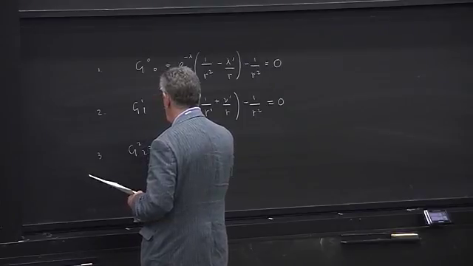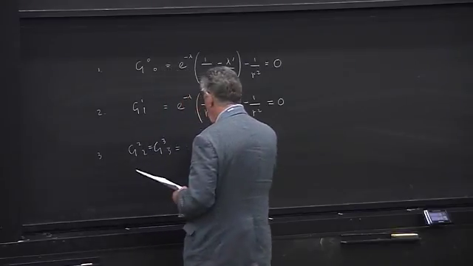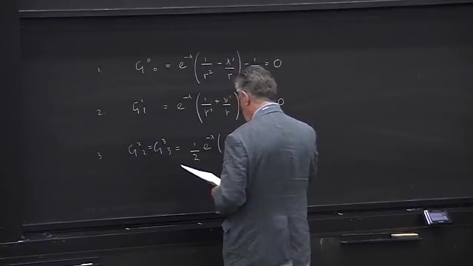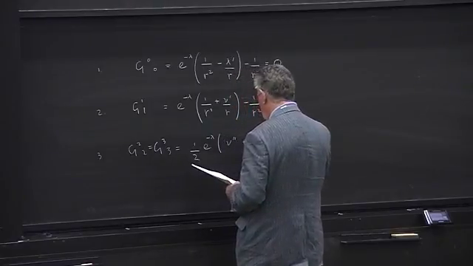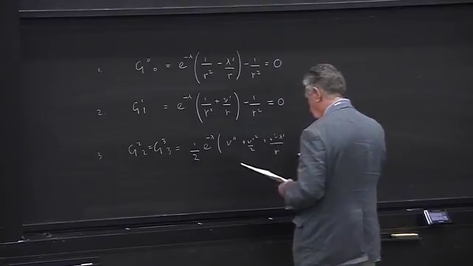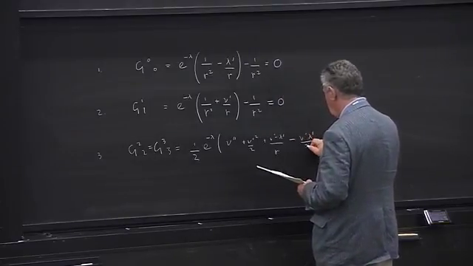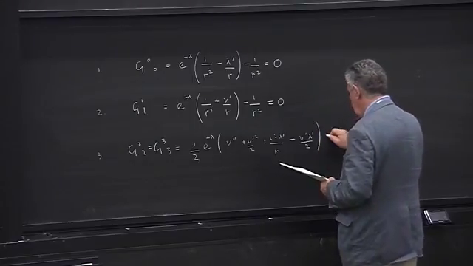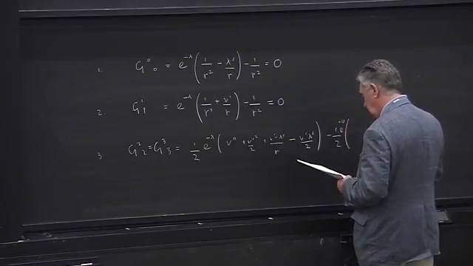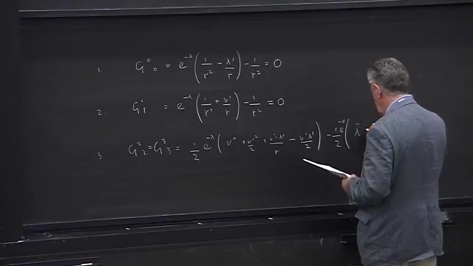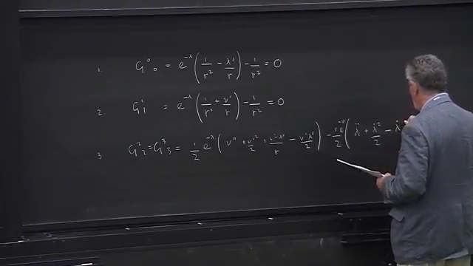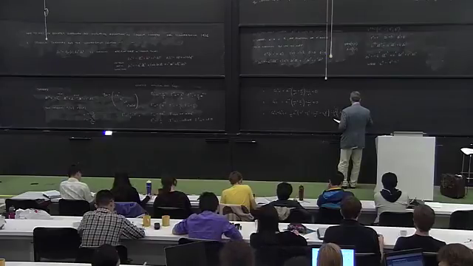G22 equals G33 equals 1/2 e to the minus lambda, mu double prime plus mu prime squared over 2 plus mu prime minus lambda prime over r, minus mu prime lambda prime over 2, minus 1/2 e to the nu, e to the minus nu, lambda double dot plus lambda dot squared over 2 minus lambda dot mu dot over 2, equals 0.